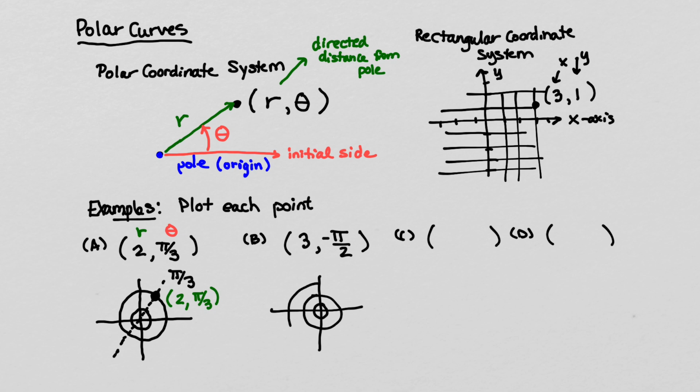Absolutely. So negative pi over 2 is here, this distance down here. And with a radius of 3, going in the direction of negative pi over 2, I have to go 3 units out. And so that puts me down here on the bottom, right? 3 comma negative pi over 2. You guys agree? Everything okay so far?